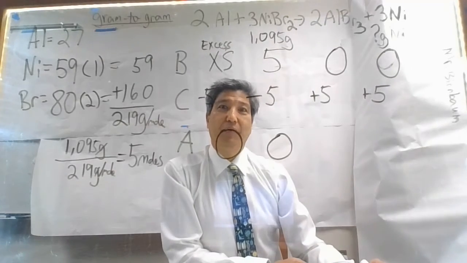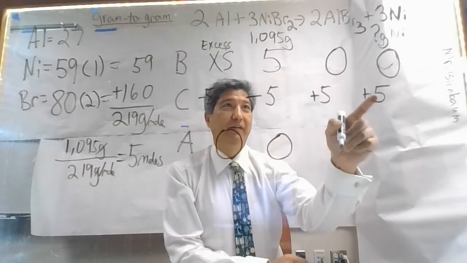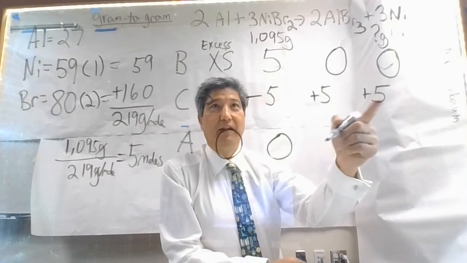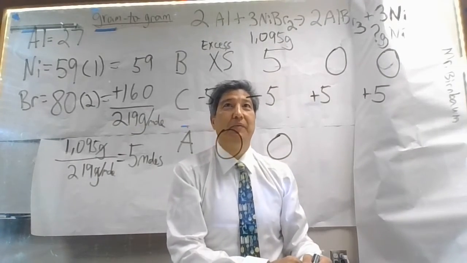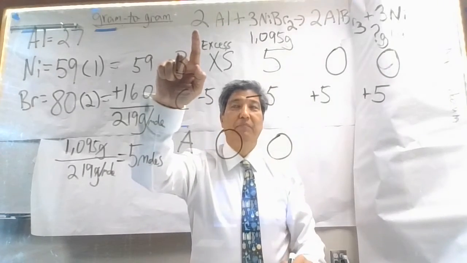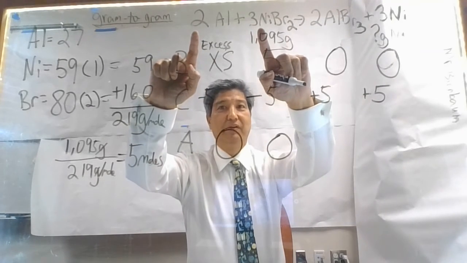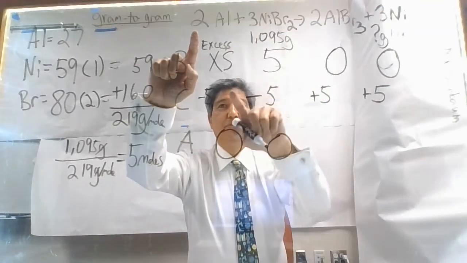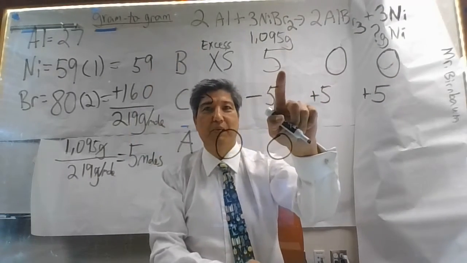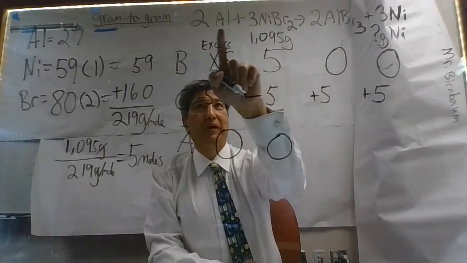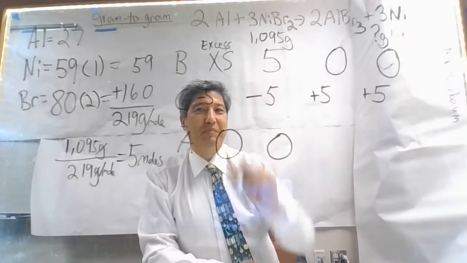Now I need to see what is the relationship between these compounds and elements. If I'm looking at my aluminum, I've got 2 aluminums and 3 NiBr2s. Is this number going to be smaller or larger than this number? Well, if I look up here, my aluminum is going to be smaller than the NiBr2.